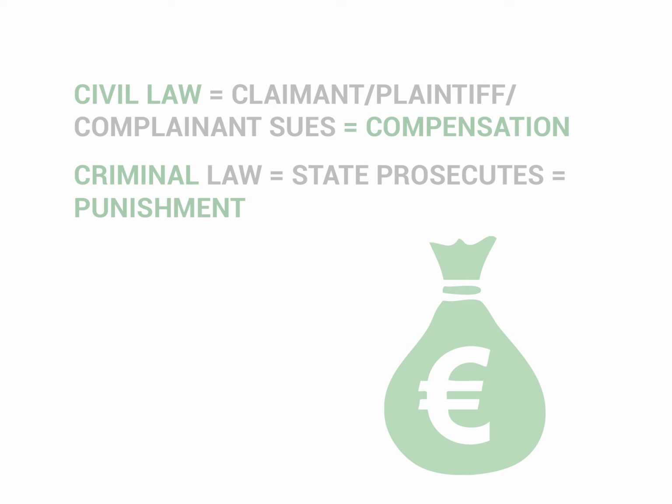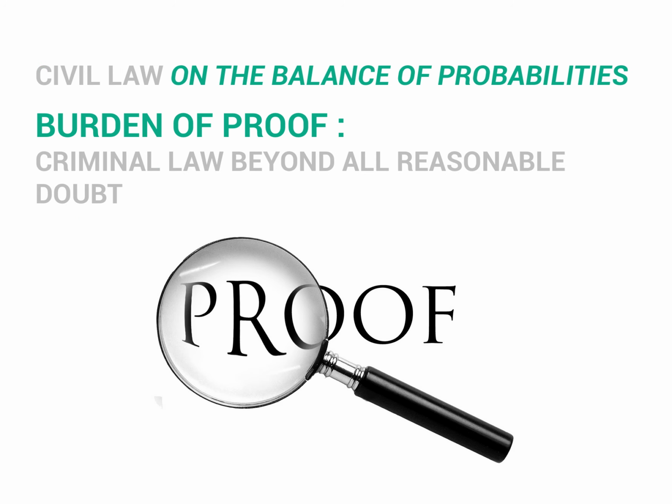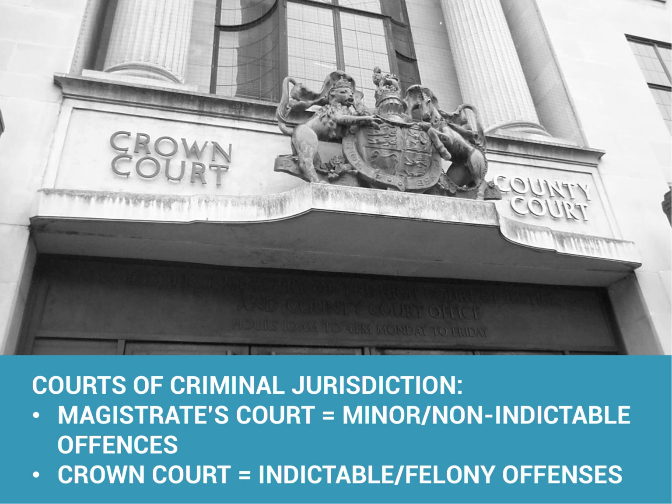In criminal law, the state prosecutes the defendant in order to punish him and thereby deter further crime. The burden of proof in criminal law requires that the prosecution prove that the accused is guilty beyond all reasonable doubt. In civil law matters, the burden of proof is less high and the claimant is only required to prove his or her case on the balance of probabilities.